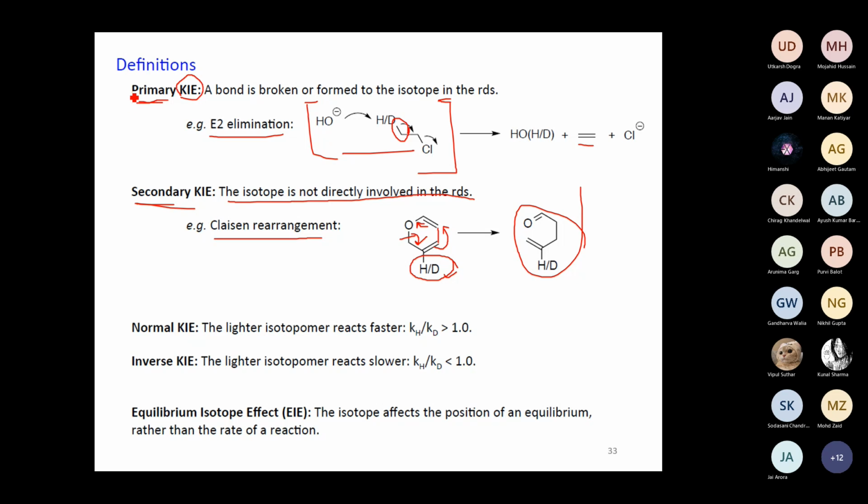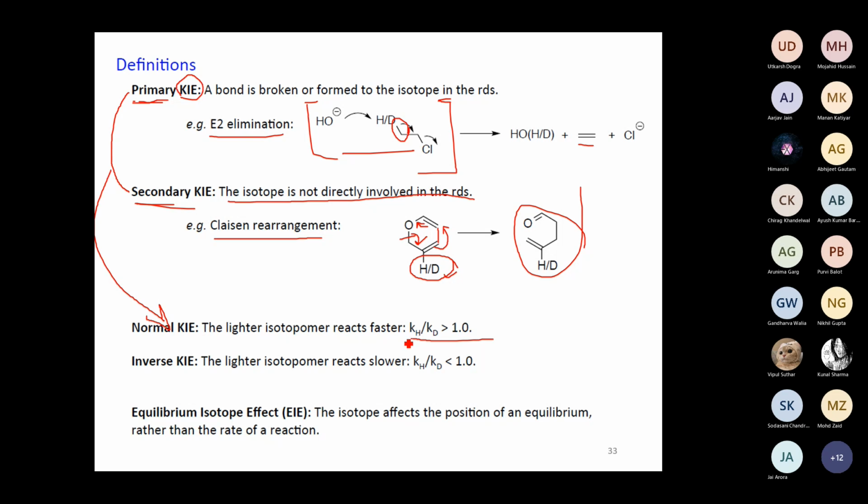Now, whether it is primary or secondary, both are called normal kinetic isotope effect. Normal means KH by KD is greater than 1. If the rate for the protic substrate KH is a little faster compared to the deuterated substrate, then definitely KH by KD will be greater than 1, right?